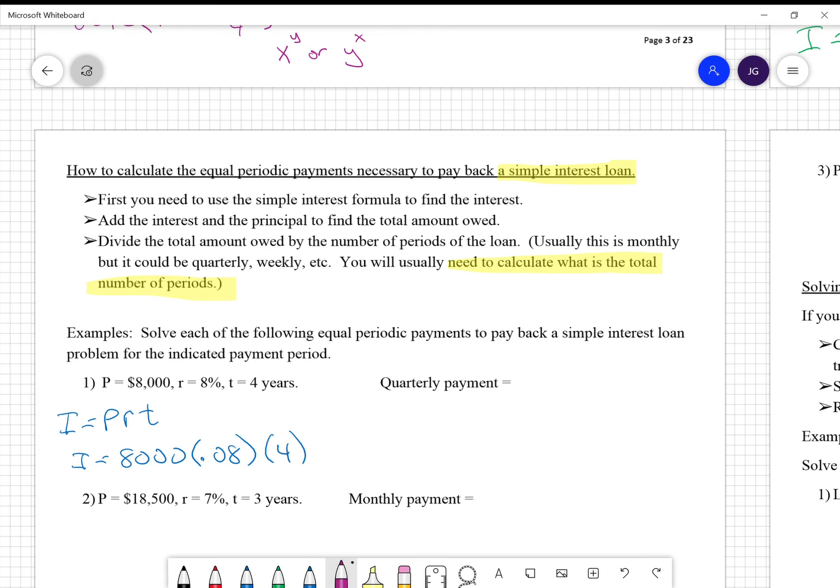So I equals $2,560. Now I need to add that to my principal because I don't just owe $2,560. I owe $10,560.